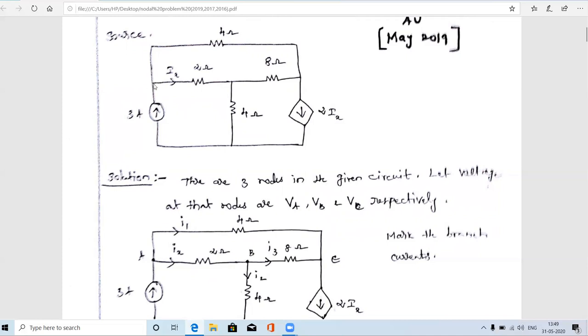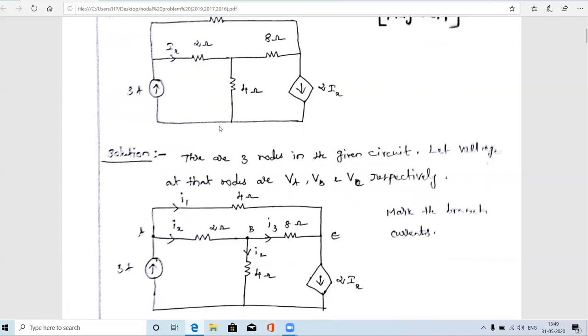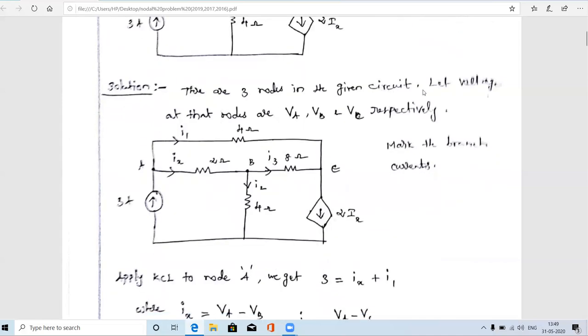You see, this is one node: at this junction, this current source, this 2 ohm resistor and the 4 ohm resistor are connected. Similarly, this is another node, where 2 ohm, 8 ohm and 4 ohm are connected. And this point is also another node, where 3 branches are there. This one is a node too, but it is the reference node, so no need to consider it. So there are 3 nodes in the given circuit.